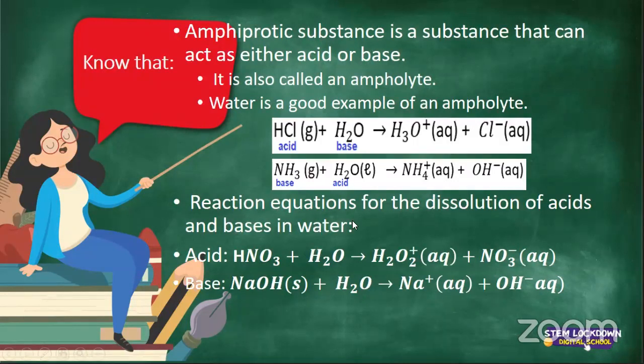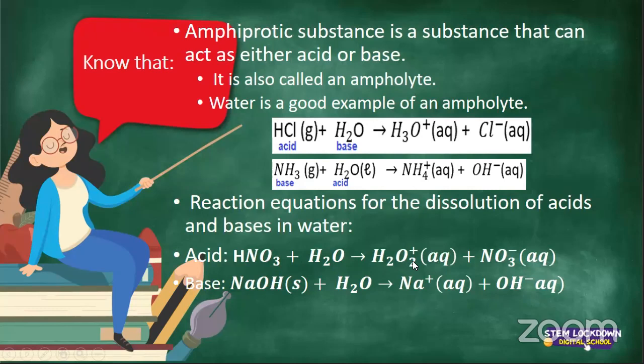Now, reaction equations for dissolution of acids and bases in water. So if we have this acid, nitric acid, dissolving in water, you are going to have, sorry, this one here should be the oxonium ion. So this 2 is not there.